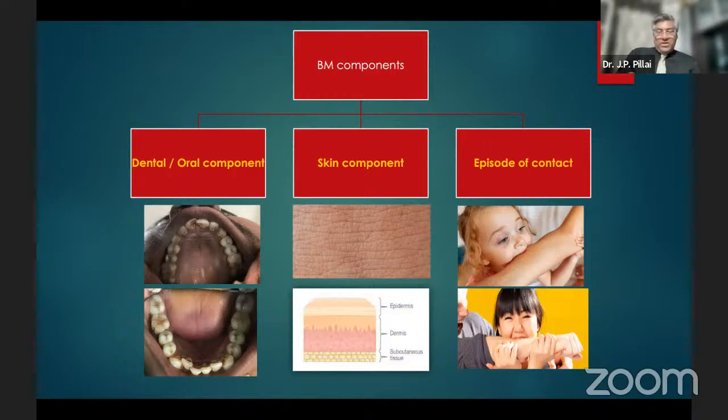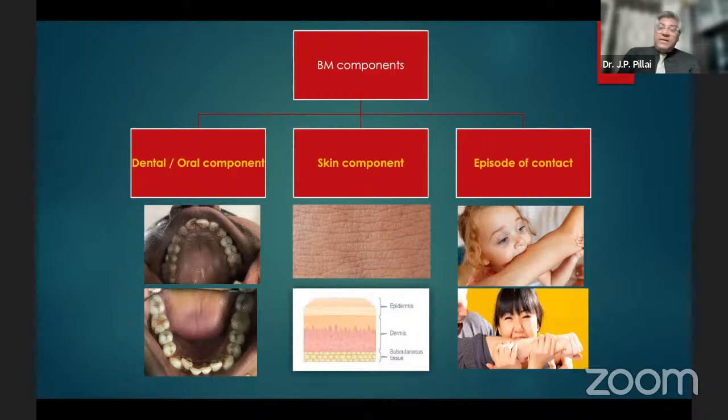The subconnective tissue or the fat components are very less. So they also play a very important role in registering that bite mark. So the skin component includes the aging factors, especially the color of the skin. These are all the components coming under the skin component.